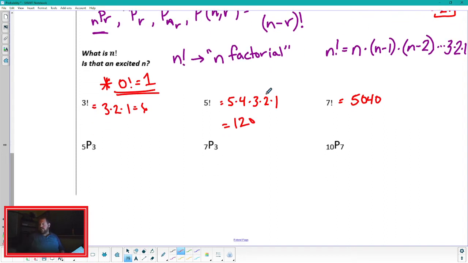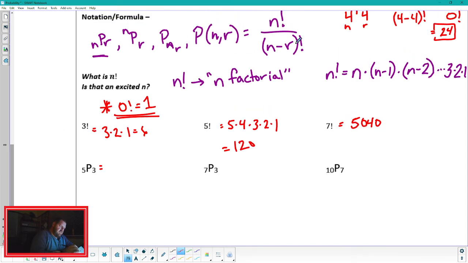Let's figure out a few permutations. So we want to follow the formula that's right up here. 5 factorial over 5 minus 3 factorial.